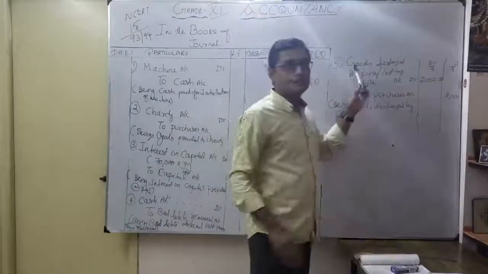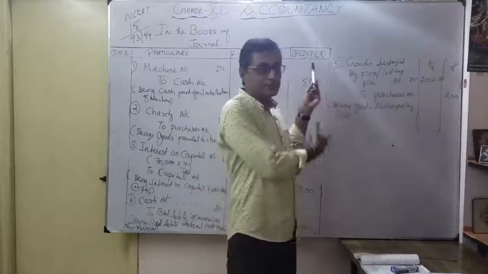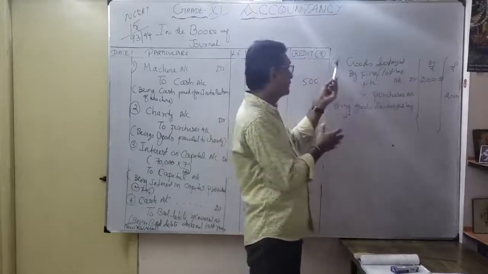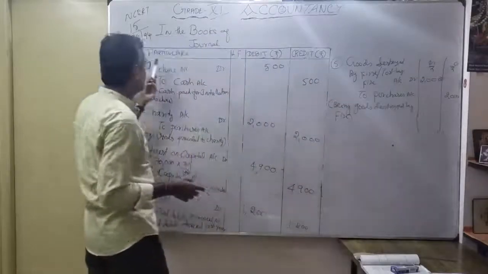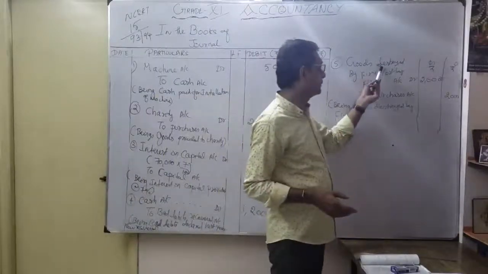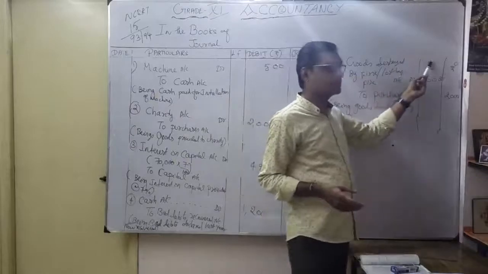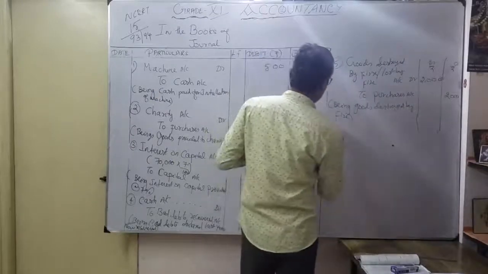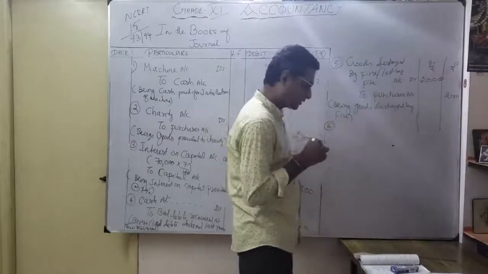In a table format, whatever the date here, no date is given. So the date when it happened, the goods destroyed, you write in the date column. Correct. In this column you write debit and credit. Thereafter, your debit amount and credit amount with the narration. Okay, that's all. What is our sixth entry?